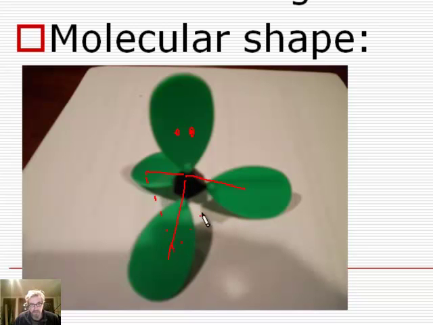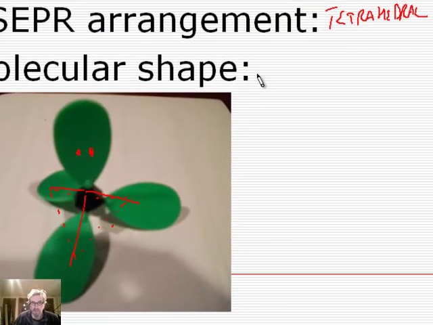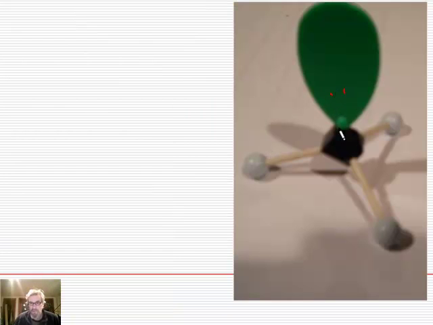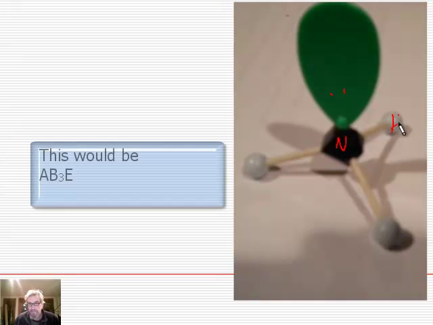These 3 bonds, if you think about it a little bit, well, they make a pyramid with a triangular base. And so this molecular shape is called a trigonal pyramidal, triangular pyramid. The actual shape of the molecule, here's my lone pair. Using the example that we had, there's nitrogen, hydrogen, hydrogen, hydrogen.